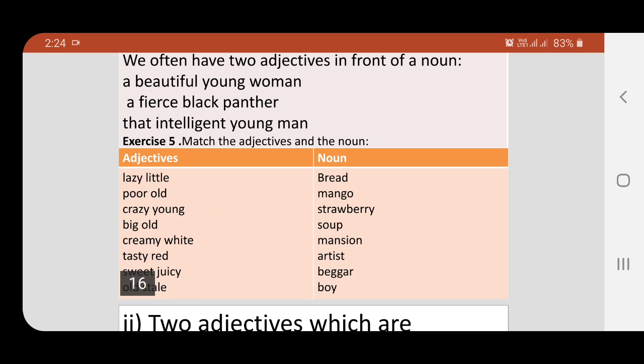On the right side you have the nouns: bread, mango, strawberry, soup, mansion, artist, beggar, boy. You have to match them. Creamy white, which is the suitable word? Big old, which is the suitable word? Lazy little, which is the suitable word?